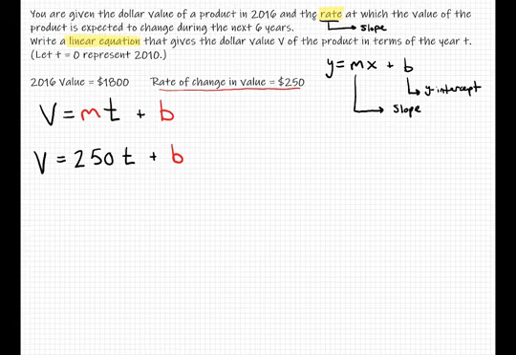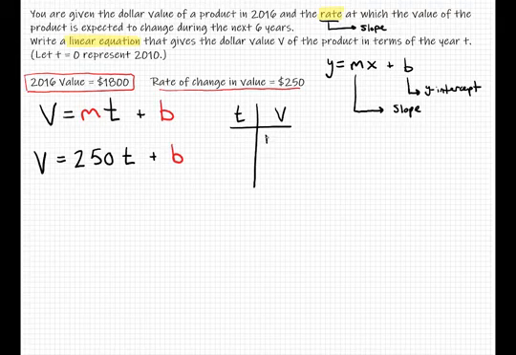And now we're also given this. Now we're given that the 2016 value is 1800. All right, so what we're basically given there is a pair of values, a value for t and a value for v. So in 2016, the value is 1800.